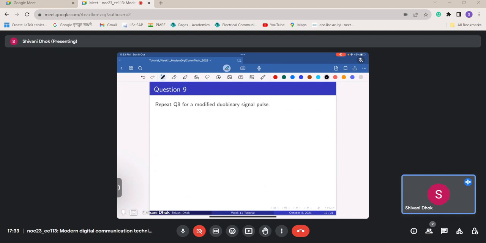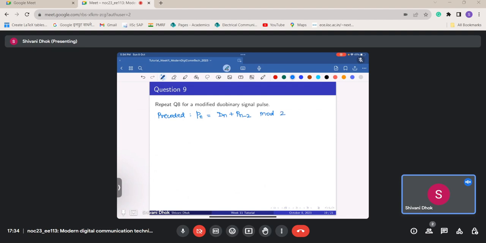So this pre-coded sequence is Pn, and this is obtained as your Dn plus your Pn minus 2, and this will be modulo m, and here it is a binary thing, so this will be modulo 2.